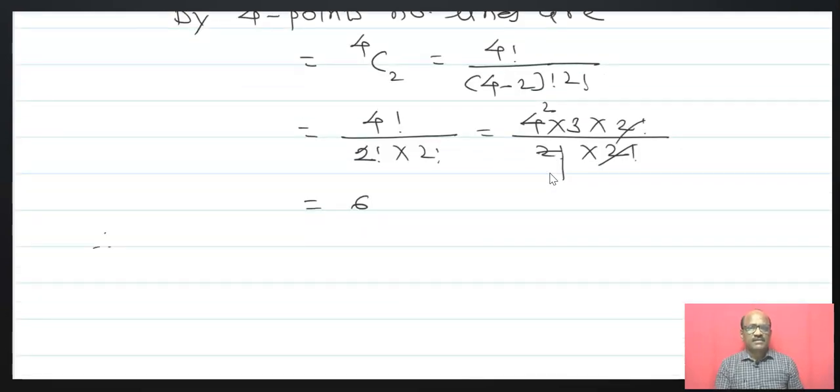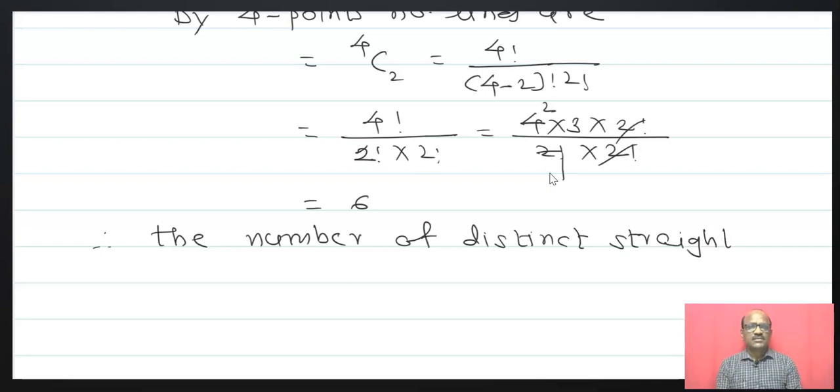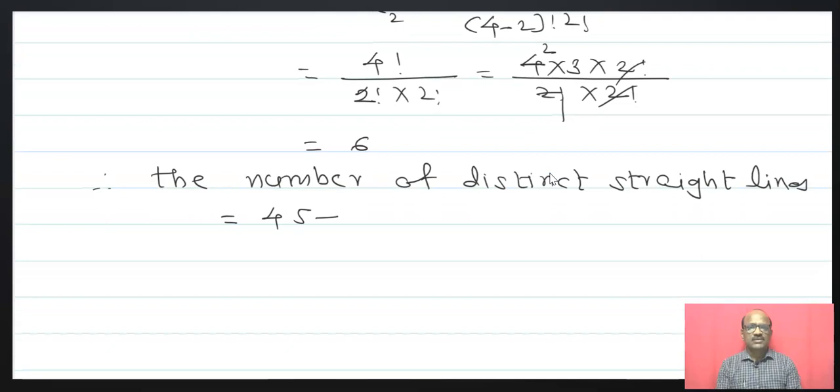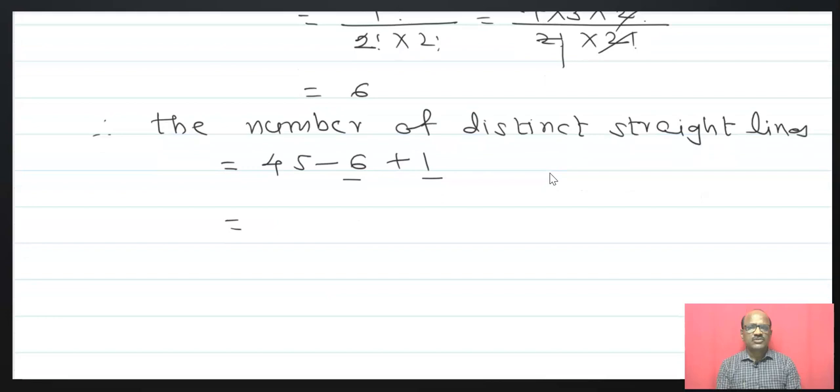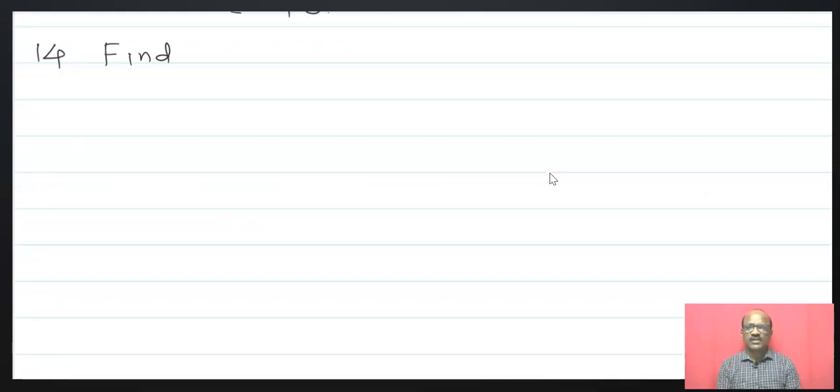Therefore, the number of distinct straight lines equals 45 minus 6 plus 1, that is 40. Therefore, we can draw 40 lines.